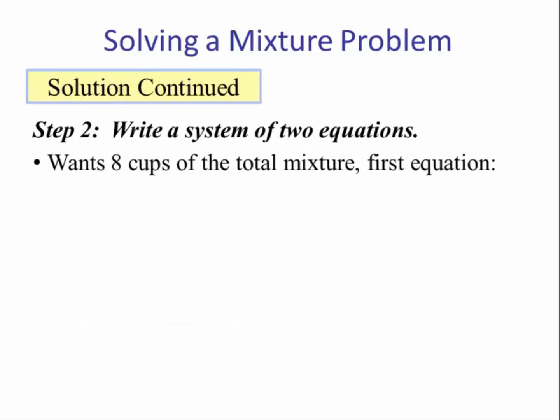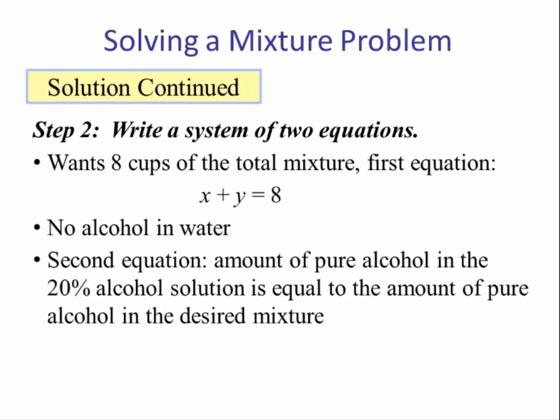We want 8 cups of the total mixture. So the first equation is going to be x plus y equals 8. There's no alcohol in water. So for the second equation, the amount of pure alcohol in the 20% is equal to the amount of pure alcohol in the desired mixture. So keep in mind that y has 0% alcohol solution.